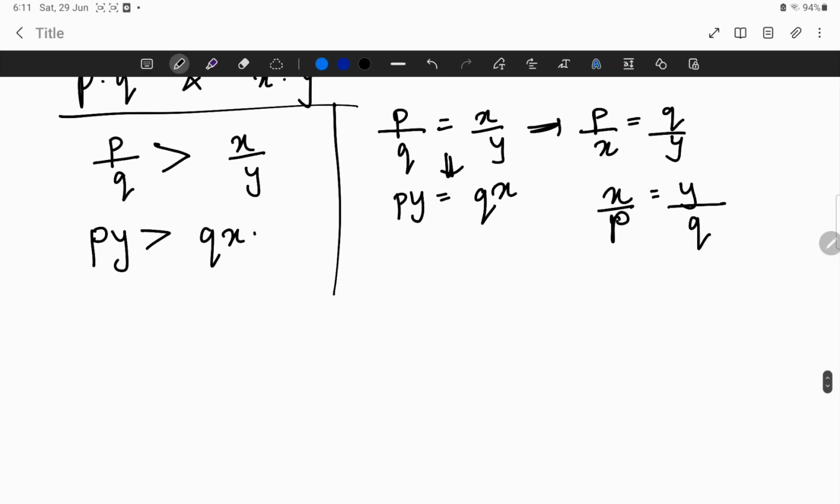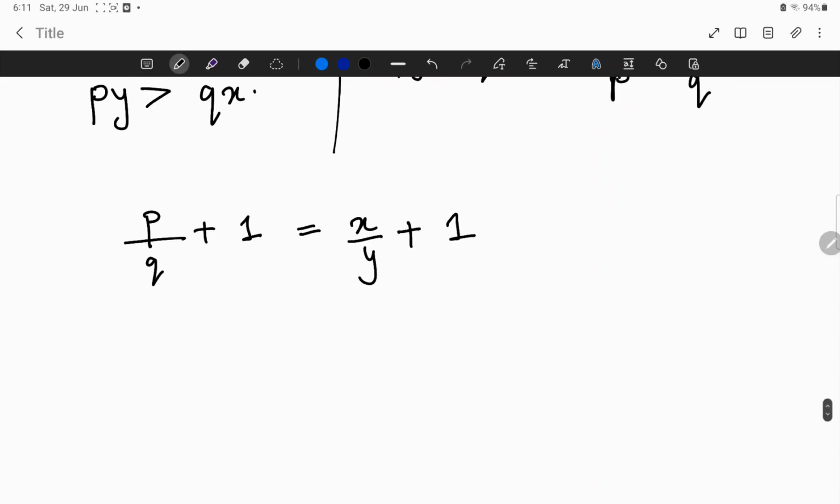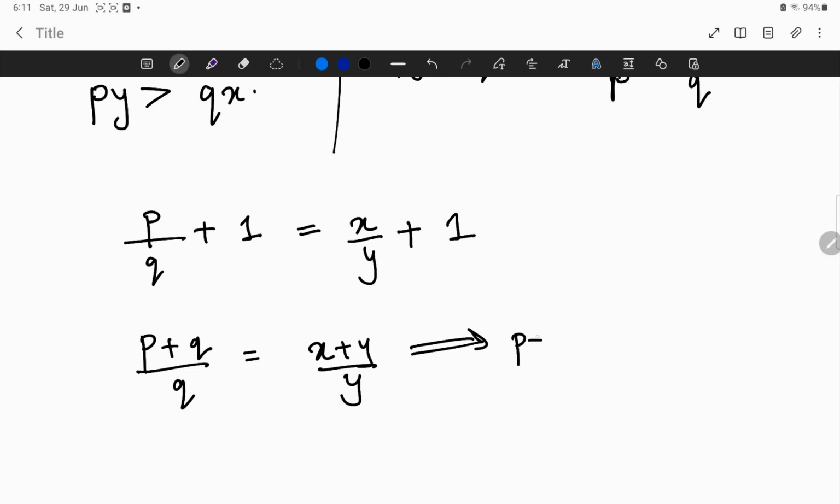Adding a whole number on both sides: if p upon q is equal to x upon y and you add 1 to both, this would be p plus q upon q equal to x plus y upon y, which can be written as p plus q is to q equal to x plus y is to y.